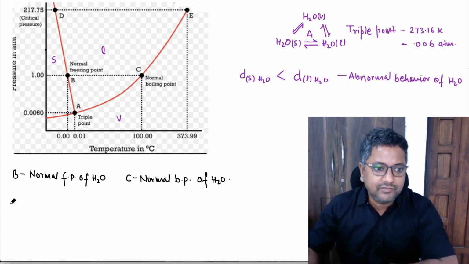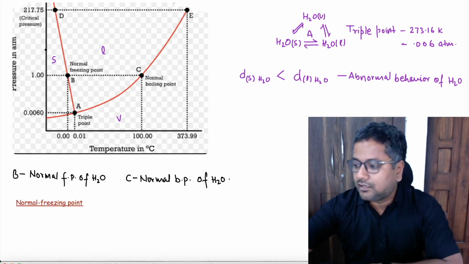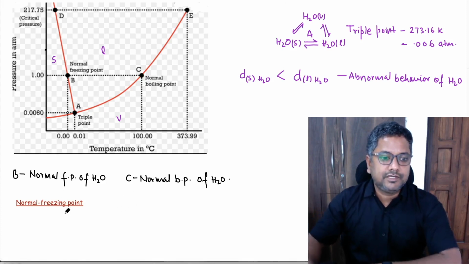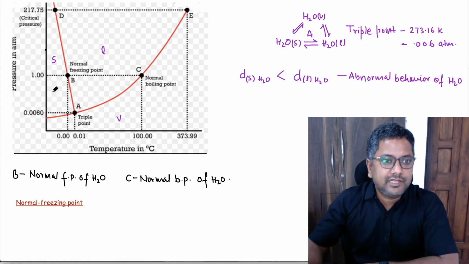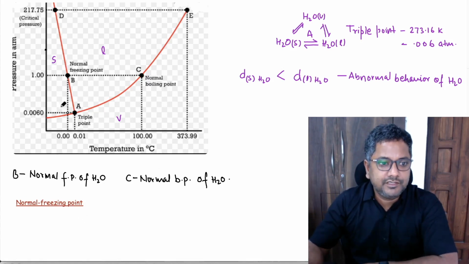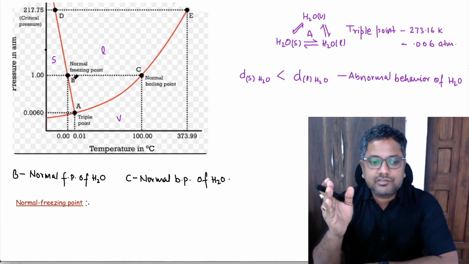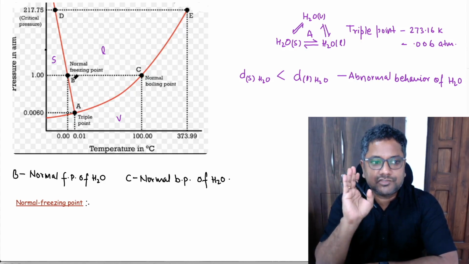So what is the freezing point? See how to define this normal freezing point. For this definition, we can make it from here. See here, in a solid liquid equilibrium. So first you have to make the solid liquid equilibrium, and see the temperature. The definition: temperature at which solid and liquid equilibrium coexist at 1 atm pressure.